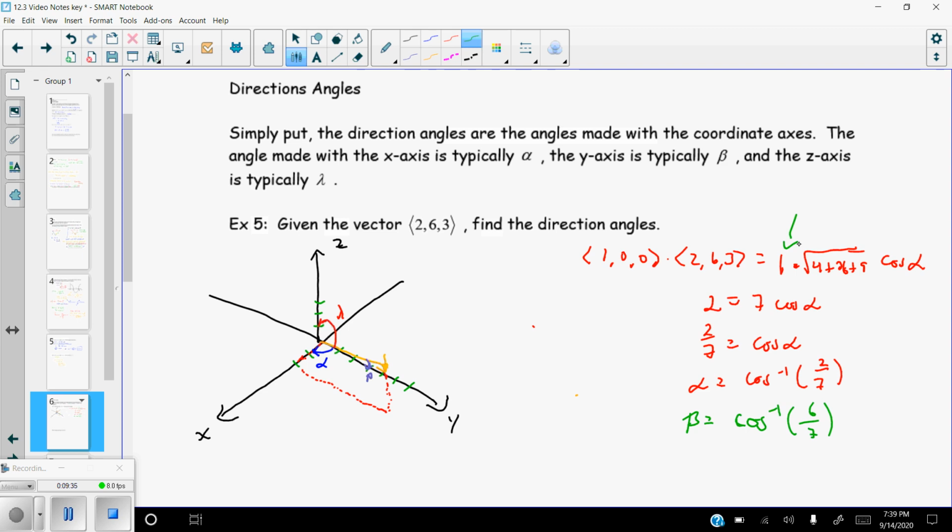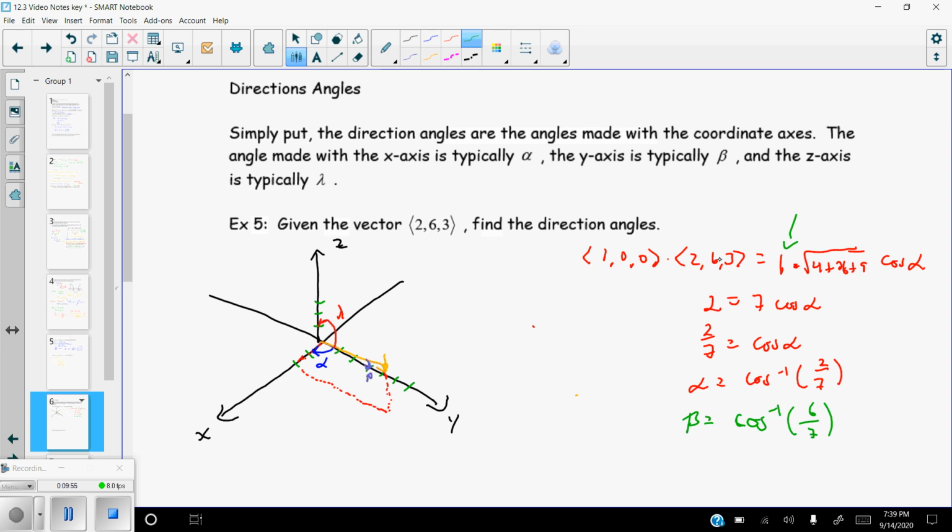So the left side is going to make a difference, because if I use y, it's going to be 0, 1, 0. So when I dot that, the only thing that gets multiplied times a non-zero is the middle one, which is 6. So that's why I'm getting the y component over the magnitude of the given vector.